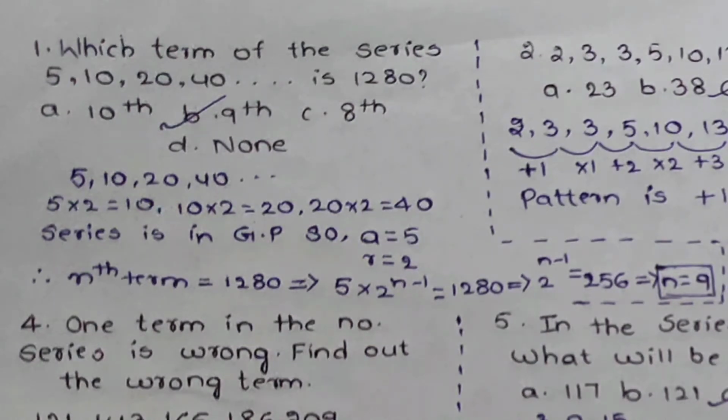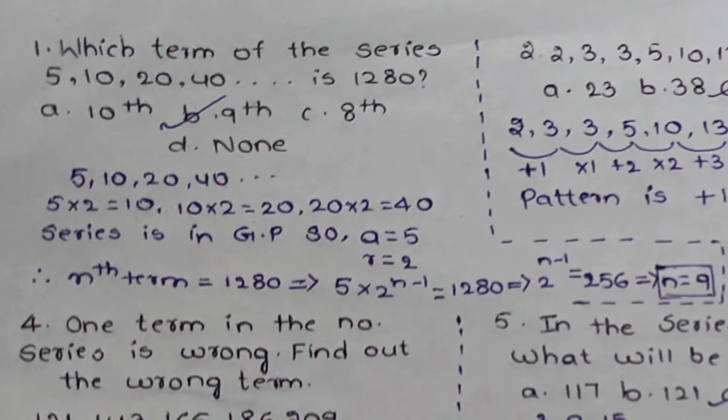Similarly if you multiply 10 with 2 you get the third term 20, and similarly if you multiply 20 with 2 you get the fourth term 40. So here each term is multiplied with 2. So this series is in geometric progression. So when the series is in geometric progression, the first term is 5 and the common ratio R is 2 because we have multiplied each term with 2.